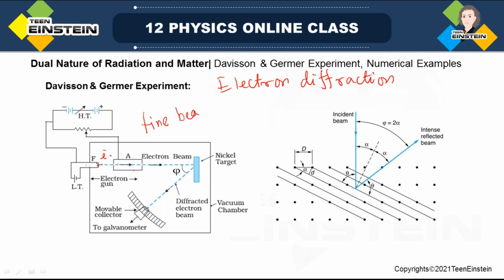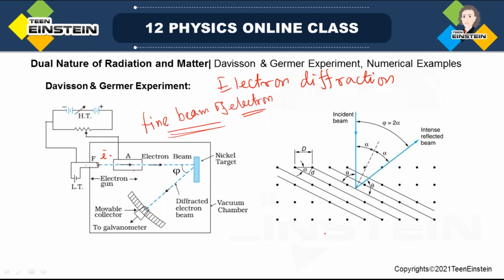Similarly, you can have a bunch of electrons, and when you collimate them like a ray, it is called a fine beam of electrons. This fine beam of electrons will be directed to a crystal here. This is a nickel crystal. This is called the target. So you are bombarding electrons onto the surface of this nickel.